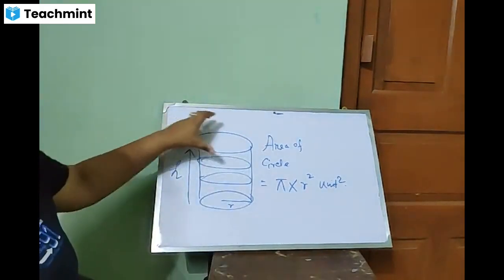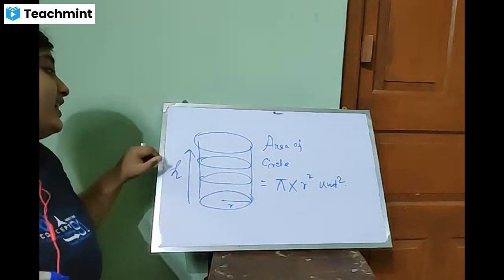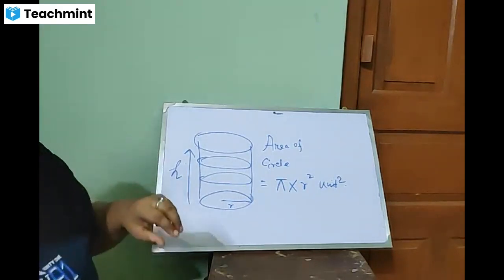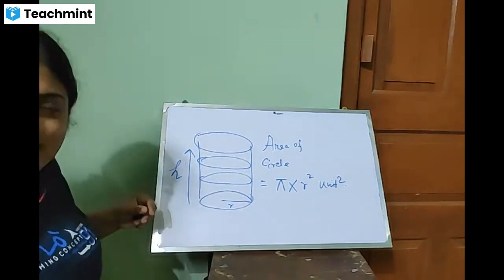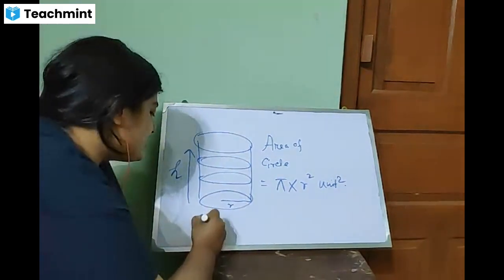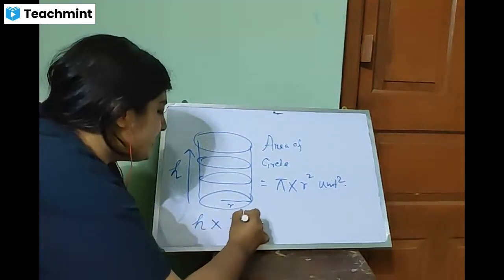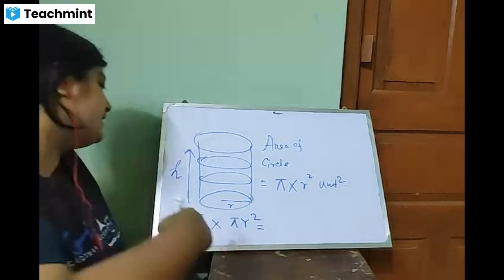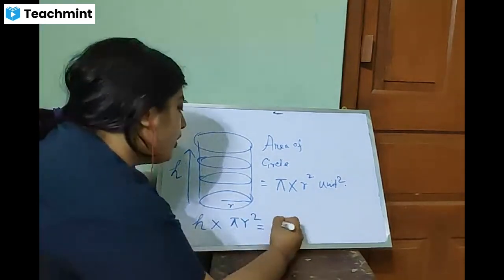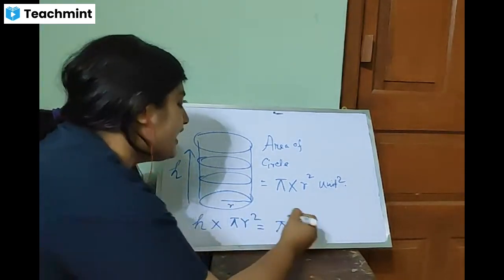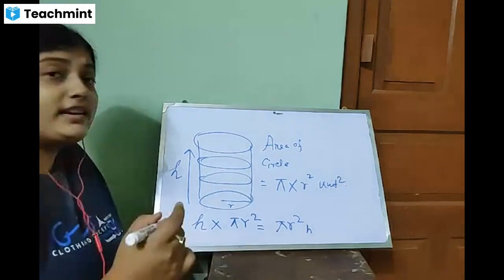So, what is the total volume of this right circular cylinder? This is h number of circles. That's the volume of this right circular cylinder. What is the unit?